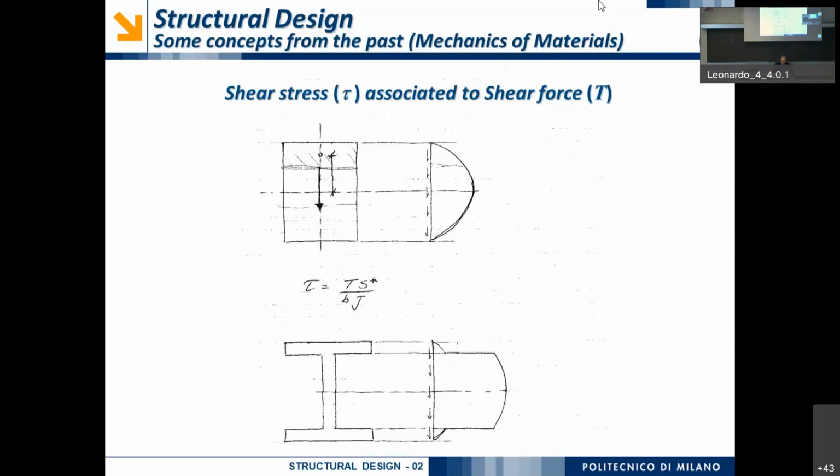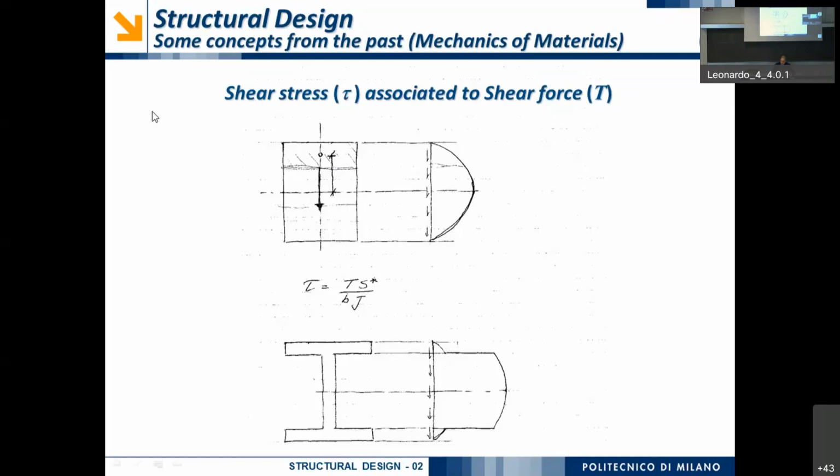But, for example, if we assume a cut at this level here, okay, I have an area above the cut, and then an area below the cut, okay? If we refer to the shaded area above the cut, the static moment is the static moment of this area with respect to the neutral axis of the bend.